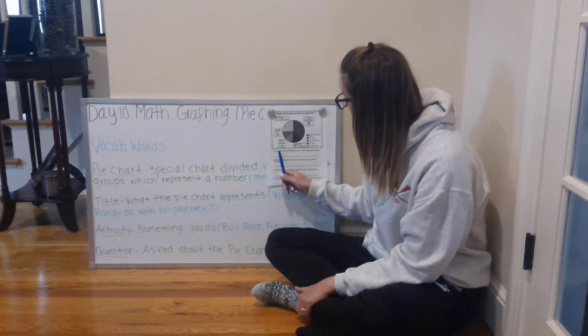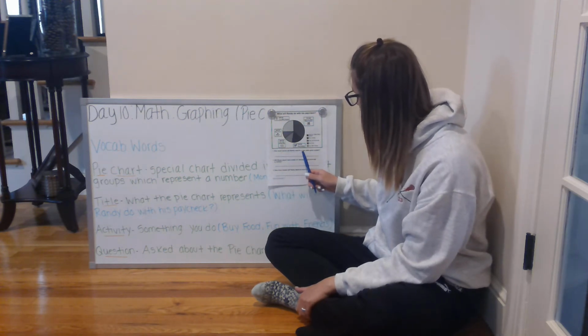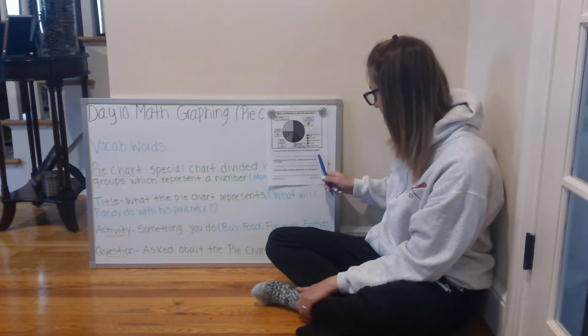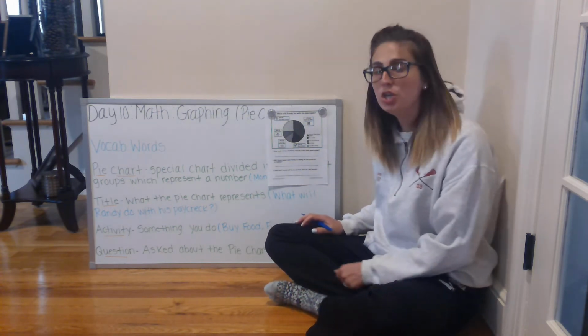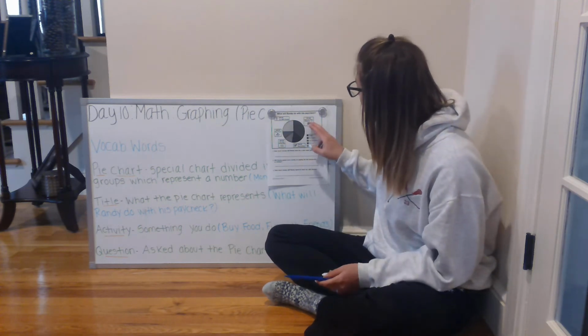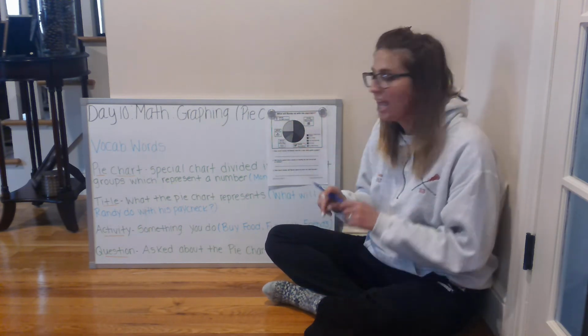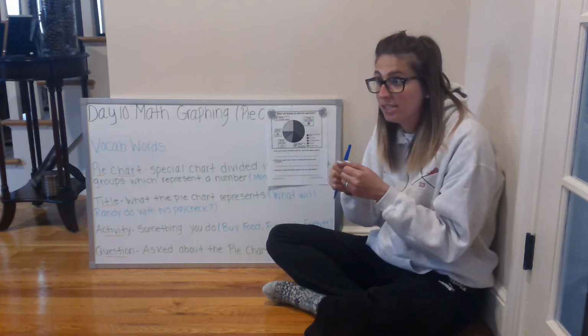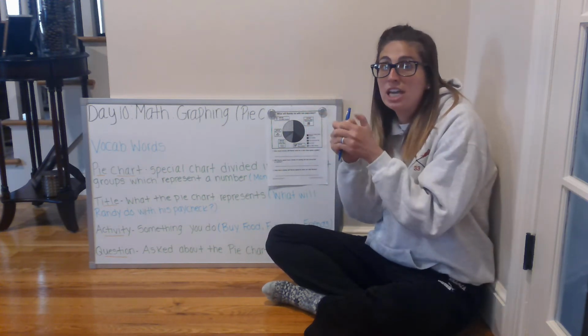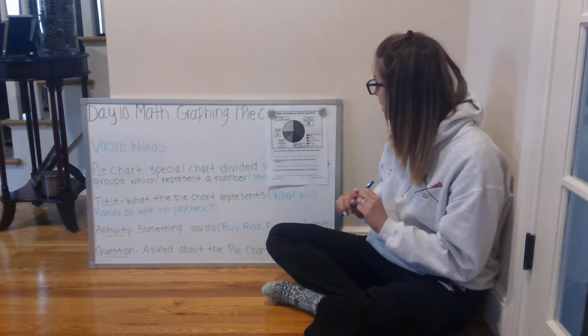It says, how much money will Randy save for a new video game system? So he wants to save for a new video game system, so we're going to look for that activity. You can also look for the picture that shows a video game system. So it would have maybe a TV and controllers, and find that on your pie chart.